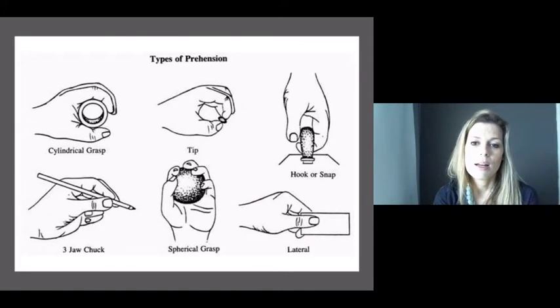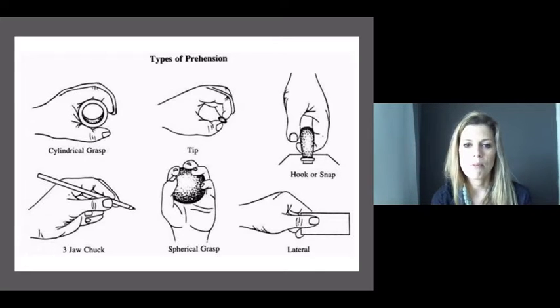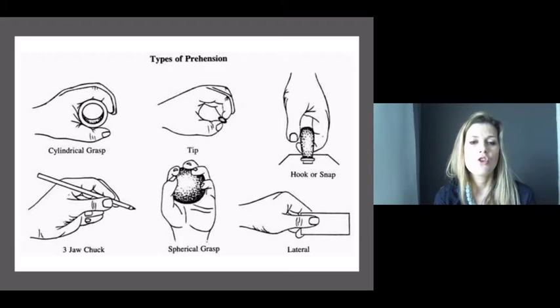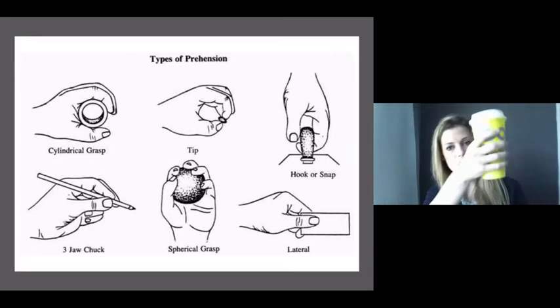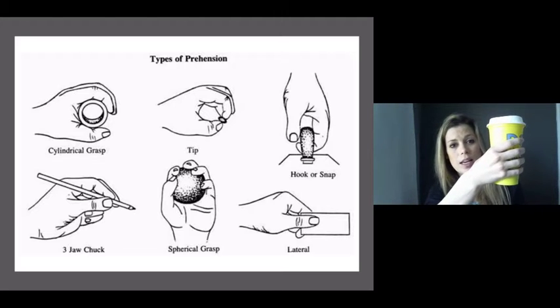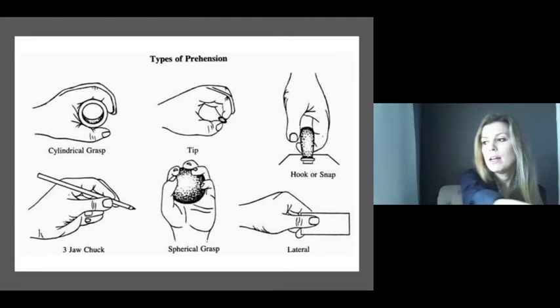We're going to talk a little bit about prehension here, but then you'll get it a little bit more in some of your other presentations. You rely on a lot of these intrinsics and extrinsics that we've discussed to assume all these different types of functional grasps. The first grasp that we'll talk about is a cylindrical grasp. So grasping around our Starbucks coffee mug, we're using a cylindrical grasp.